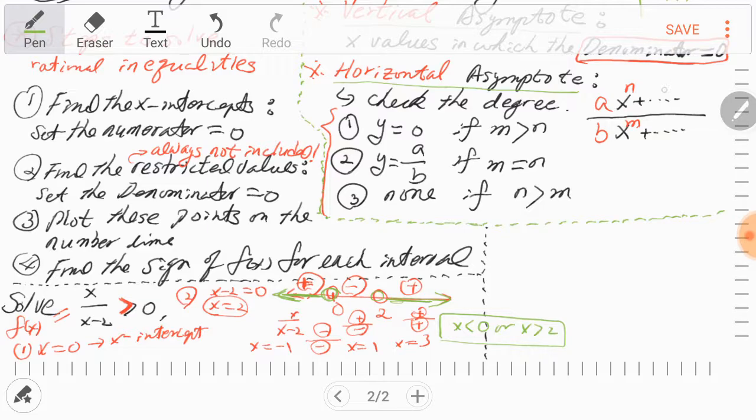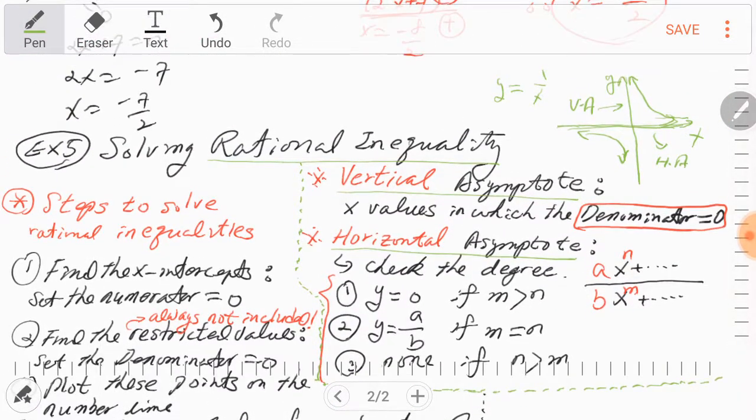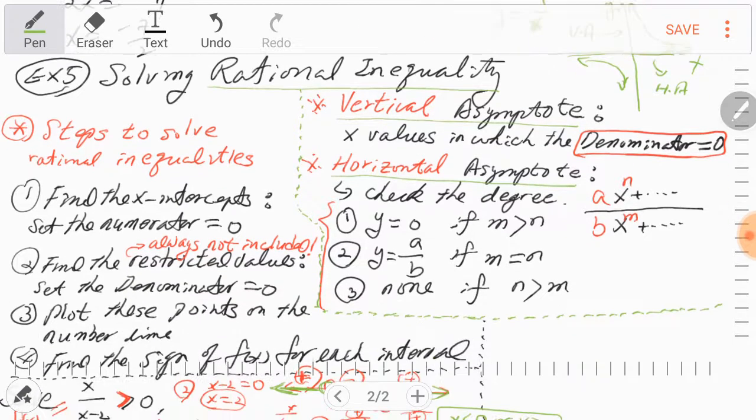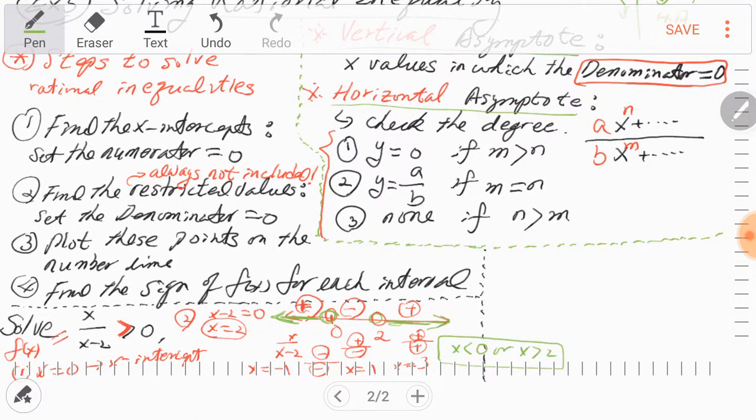If the degree of the denominator is greater, something like 1 over x, the degree of the denominator is greater than the numerator, then the horizontal asymptote is the x-axis, y equals 0.